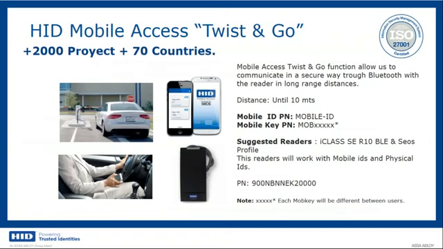In HID Mobile Access, we use our mobile phone to identify ourselves, and we also have the opportunity to use a method called twist and go. This method allows us to identify ourselves at a long range distance. Here, as you can see, it says up to 10 meters.